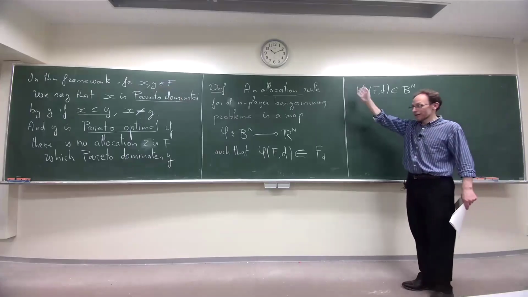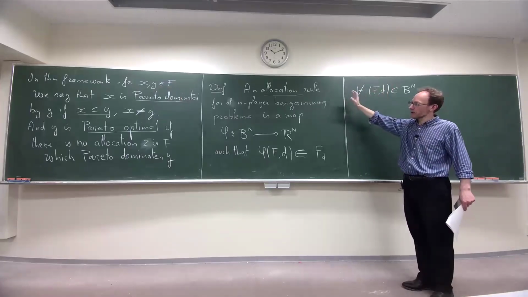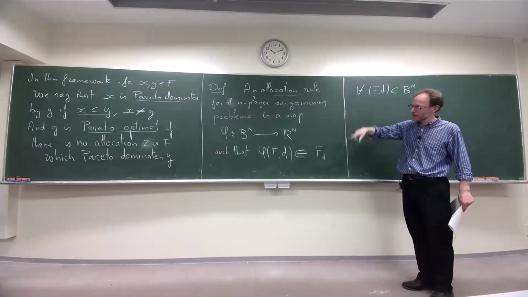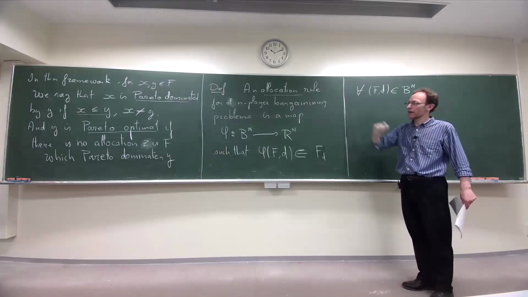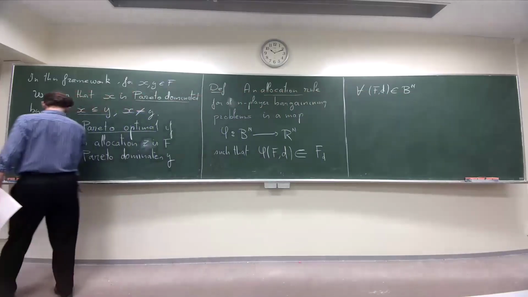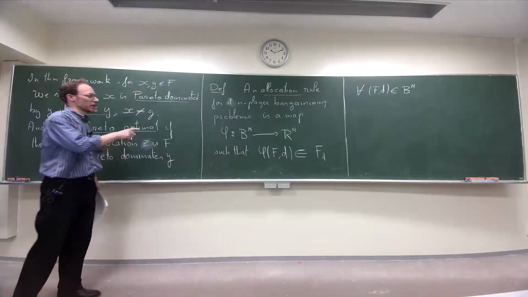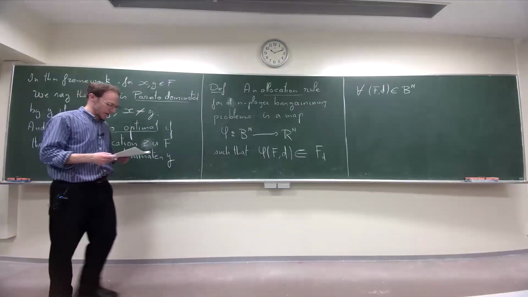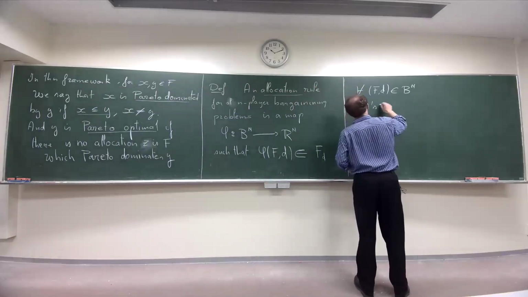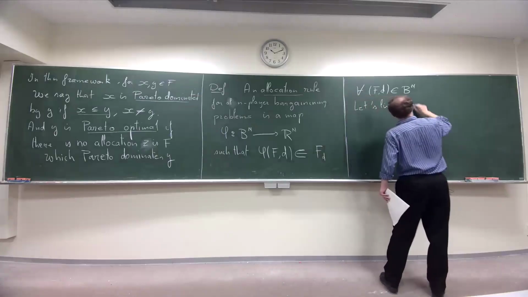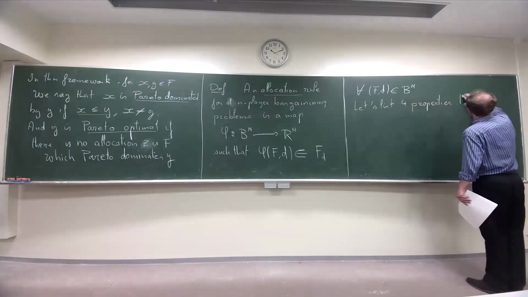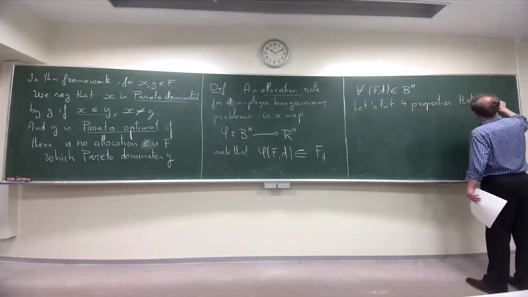and the end of the story is I will impose 4 conditions, and then the statement is, yes, under these 4 natural conditions, there exists only one phi which satisfies these 4 properties. So let's list 4 properties, and we will see that they are quite natural, that phi should satisfy.